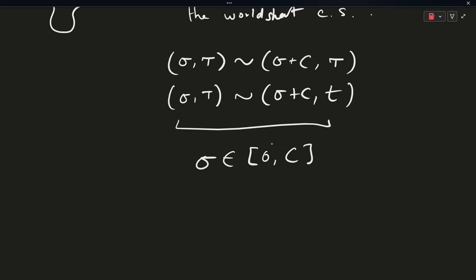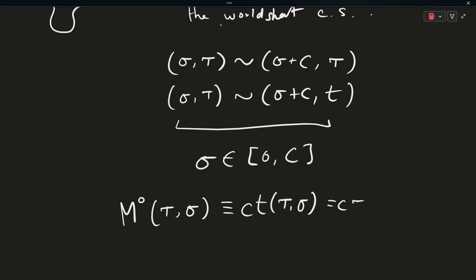So now that we've discussed the topology of things, what does our declaration hold for the physics? We have said that m0 of tau, sigma is equal to C times T of tau, sigma, and that's equal to C tau.